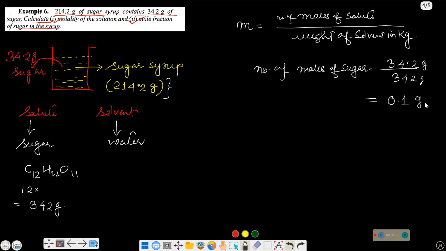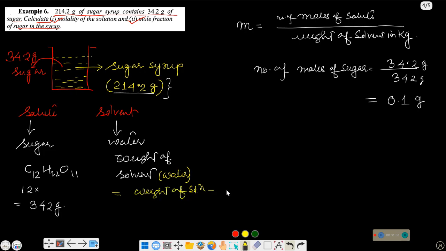Now what is the weight of the solvent? This is the weight of the solution given. So weight of solvent, that is water here, is equal to weight of solution minus weight of solute.